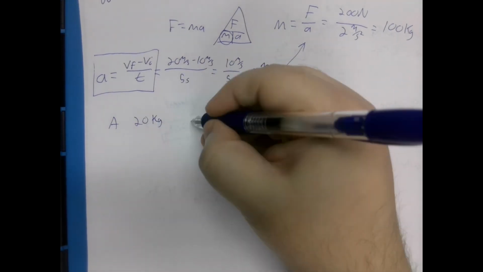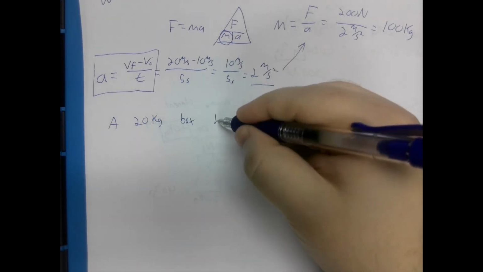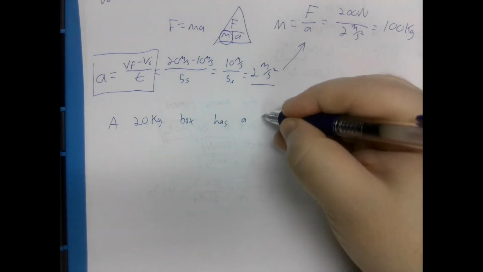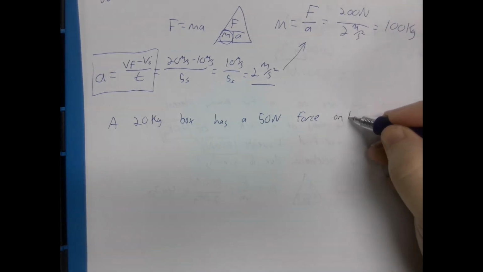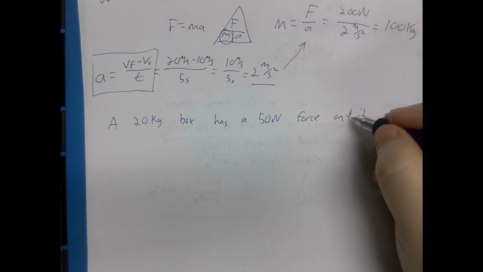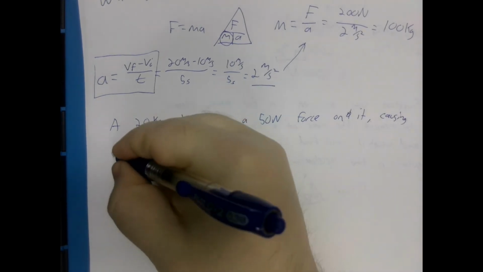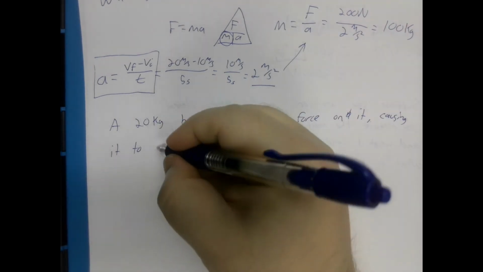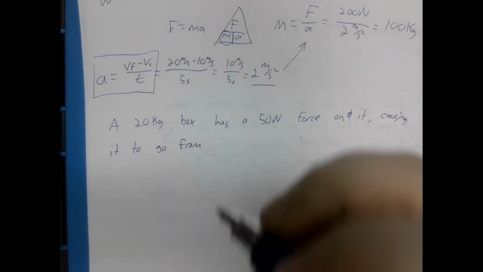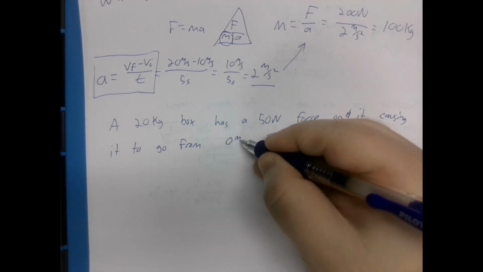A 20 kilogram box has a 50 newton force on it, causing it to go from, let's see, 0 meters per second.